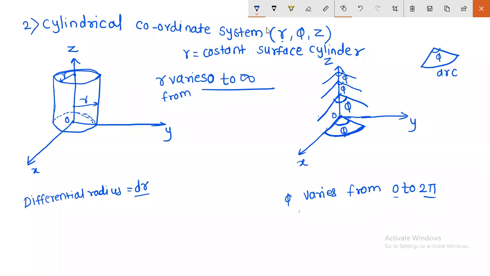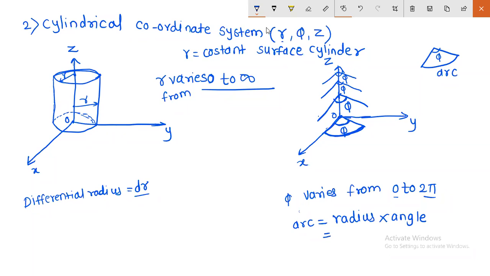Then how to find the arc? What is the formula of the arc? The arc is equal to radius into angle.